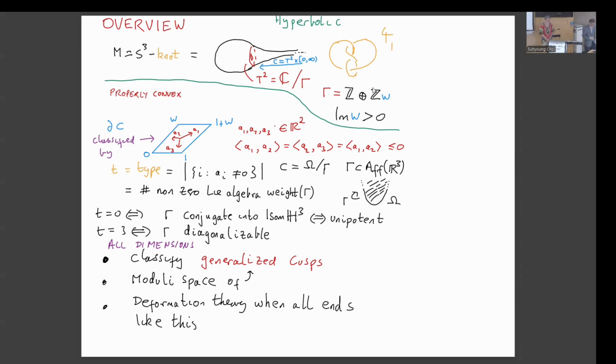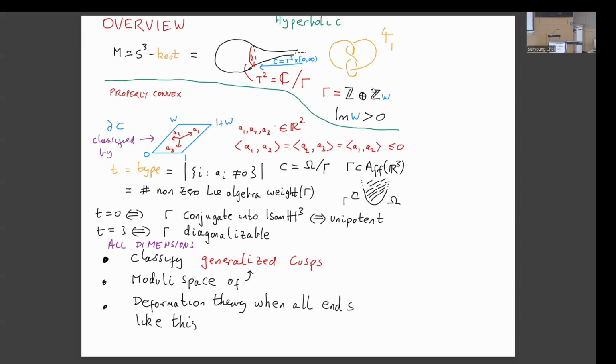It's the shape of the cusp. So the summary is that cusps in hyperbolic manifolds are parameterized by a complex number with positive imaginary part. I want to extend this picture to not just hyperbolic manifolds, but properly convex manifolds.